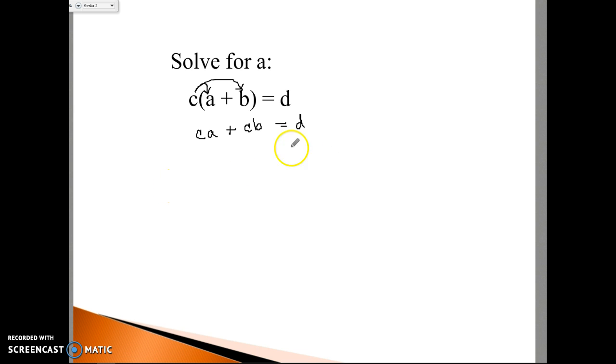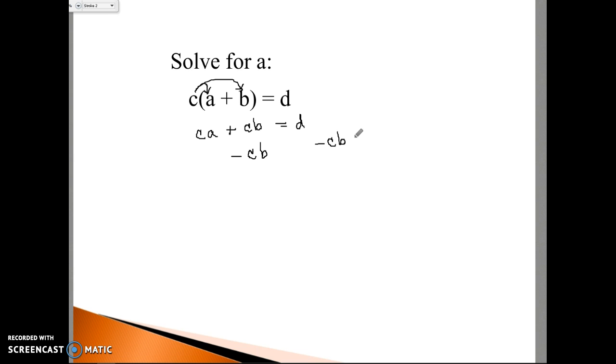And since we want a by itself, this is the term that has a in it. So we would want to do the inverse of adding cb, because we want to get that ca term by itself. So the inverse of adding cb would be to subtract cb on both sides.